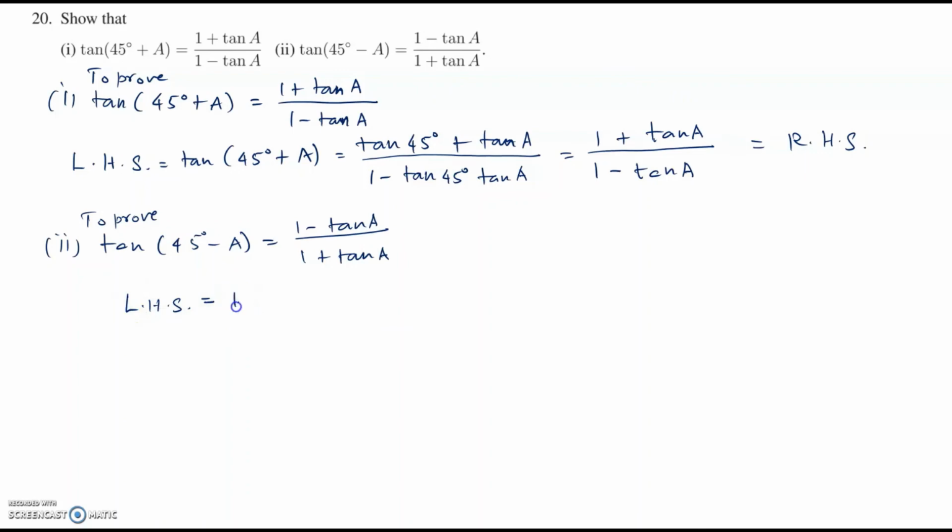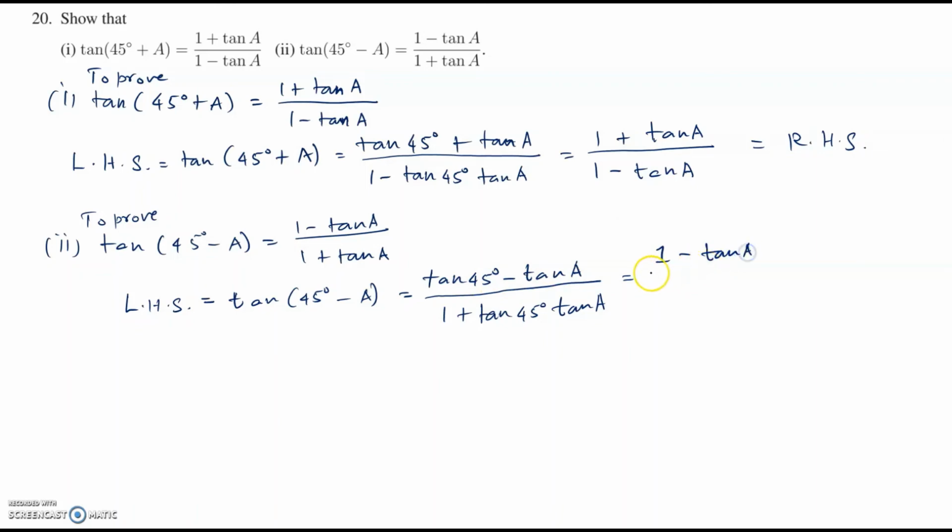So LHS is equal to tan(45 degrees minus A), applying the formula for tan(alpha minus beta), you get this as (tan 45 degrees minus tan A) divided by (1 plus tan 45 degrees into tan A). Again, applying the value of tan 45 degrees, this is 1 minus tan A divided by, this is again 1, so it becomes 1 plus tan A, which is equal to our right hand side. Hence the proof.